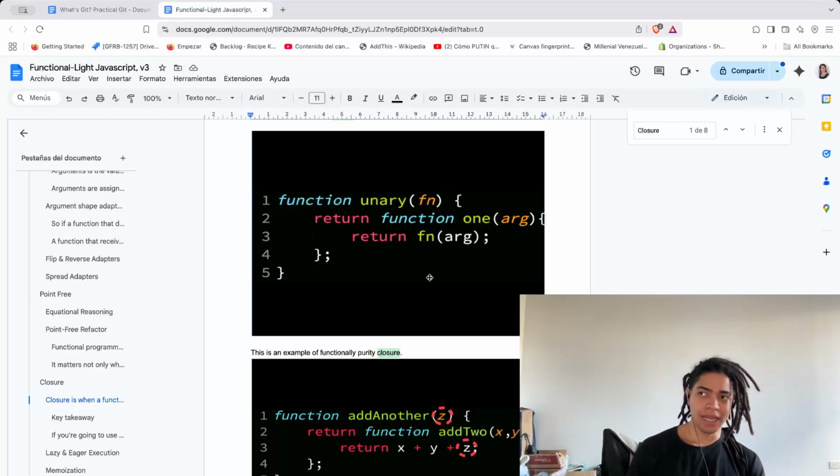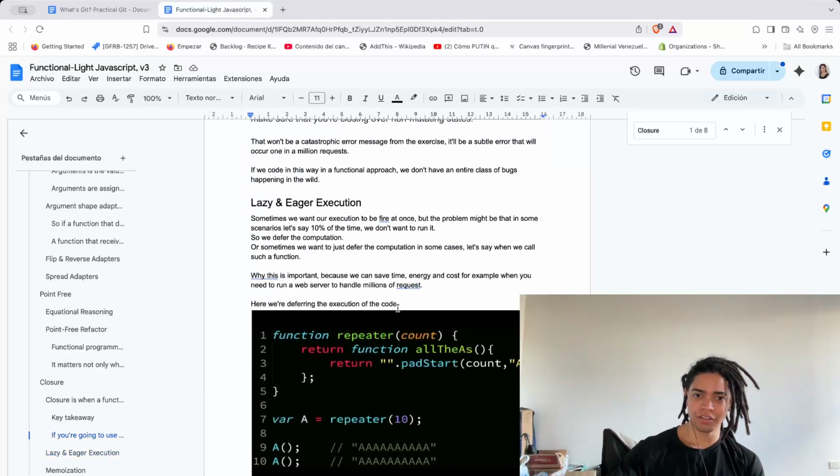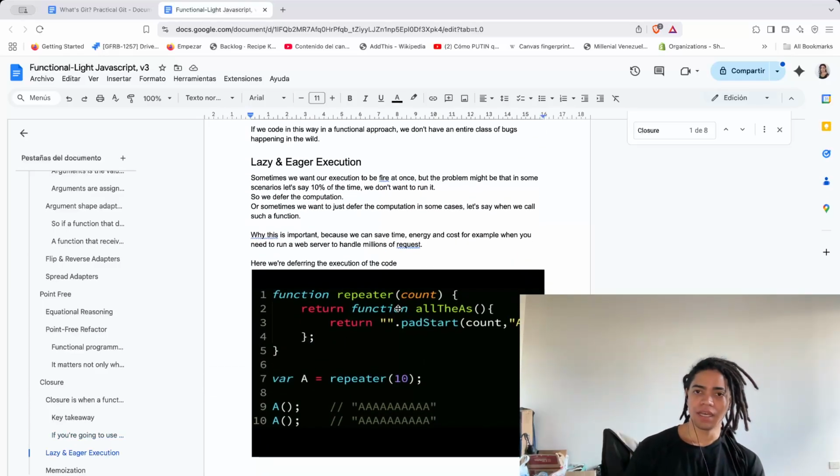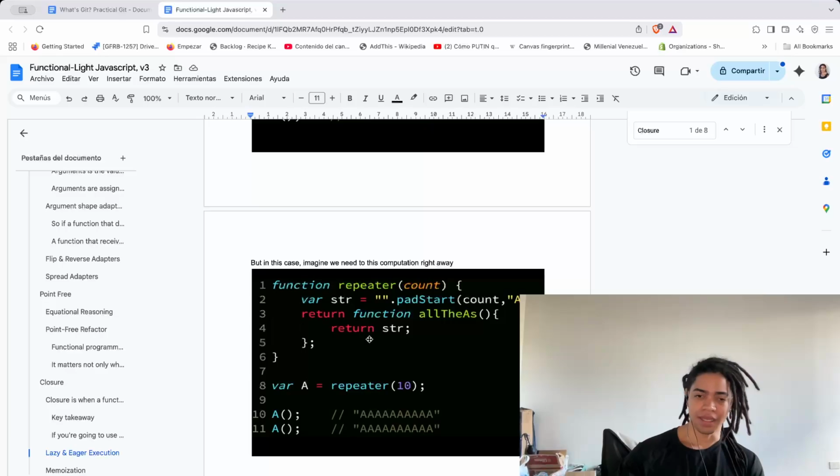Perhaps you need to say, hey, I want these functions, when I call them, to execute these instructions. So for example, like this. When I call this function again, now I have this computation already cached.